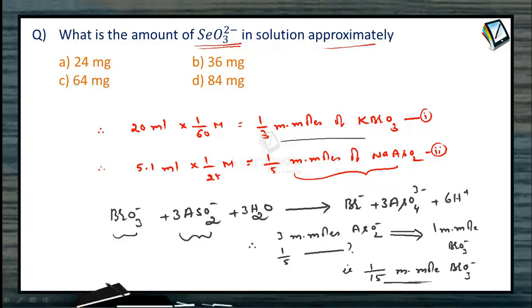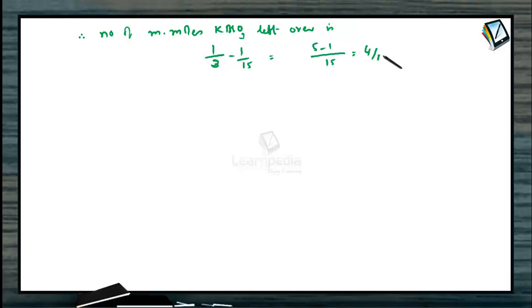That is 1/3 minus 1/15, which is equal to (5 minus 1)/15, that is 4/15. These are the millimoles of KBrO3 consumed by selenite. So now what we have to see is the other reaction.